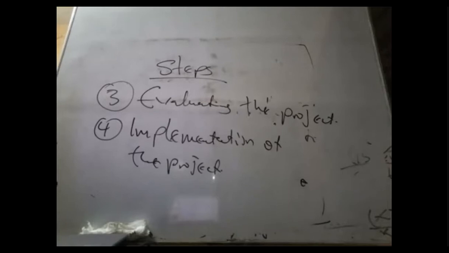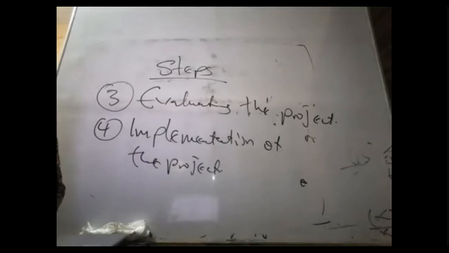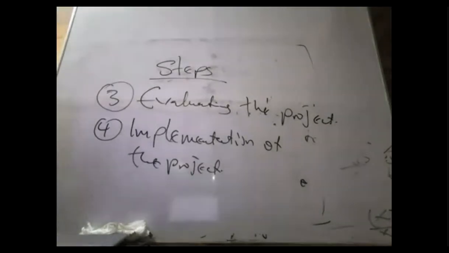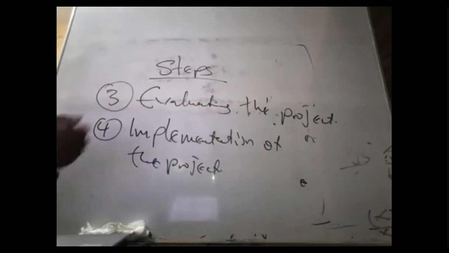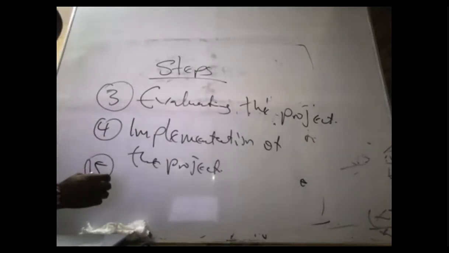Okay, so basically, right after implementation, then you need to monitor the progress of the projects. So we will say that monitoring the performance of the investment project. So step 5, that is that you have to monitor.